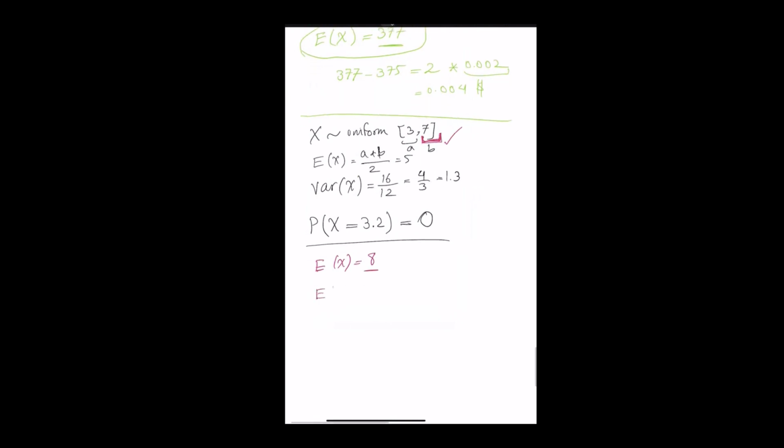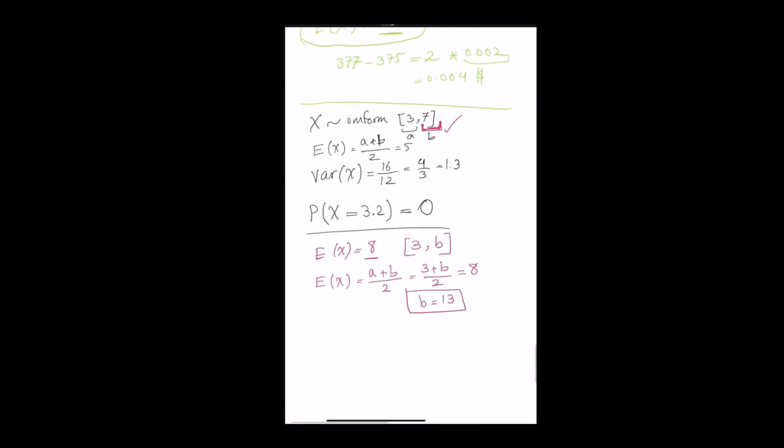So the expected value of X equals A plus B over 2. The lower bound is 3, but we don't know what our upper bound should be such that the average, which is 3 plus B over 2, equals 8. That's 16 minus 3 is 13. And B is 13.